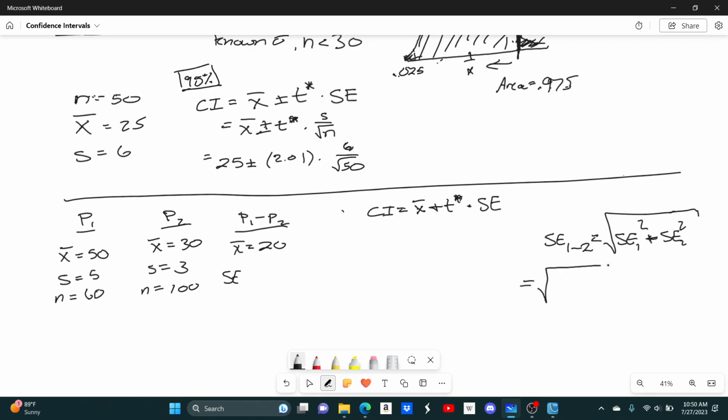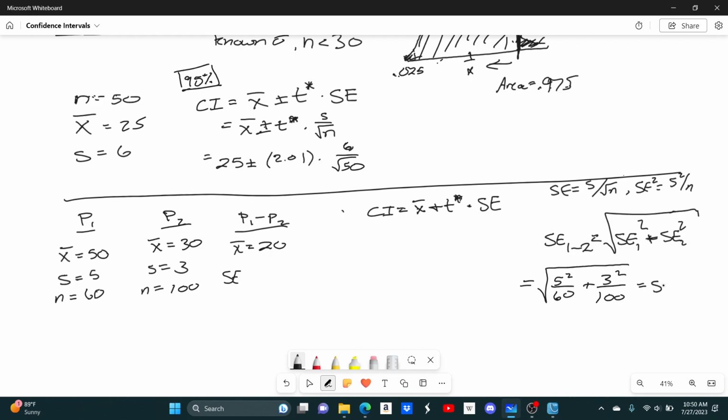Well, standard error is just standard deviation divided by the square root of n. So we could even say that standard error squared is s squared over n. So actually, I'm going to write it that way. So s1 squared would be 5 squared over 60, and s2 squared would be 3 squared divided by 100.